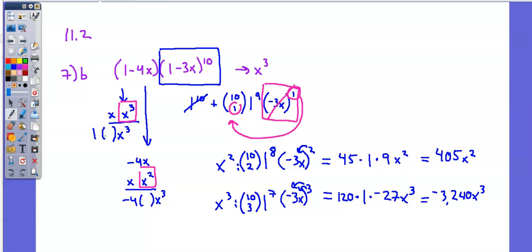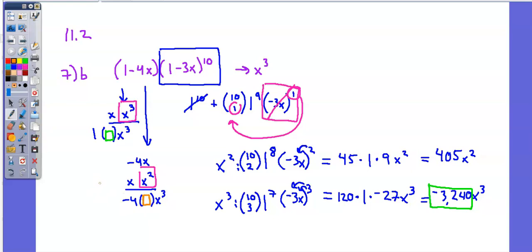Now let's go back over to the left, and I will mark in green for the x cubed term. What's going into this bracket? 1 times what x cubed? That's over on the right, negative 3,240. And in orange, over on the left, what's going into the x cubed here?